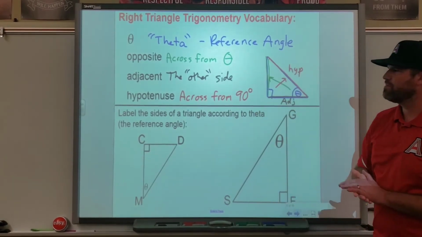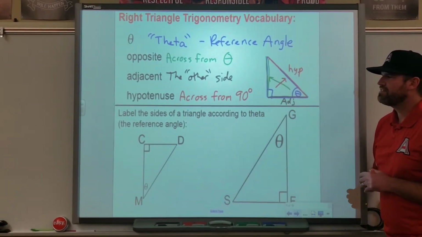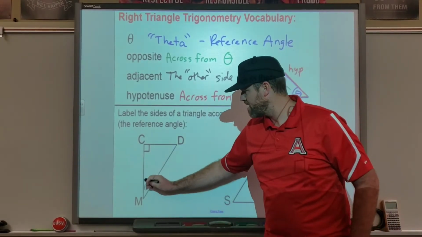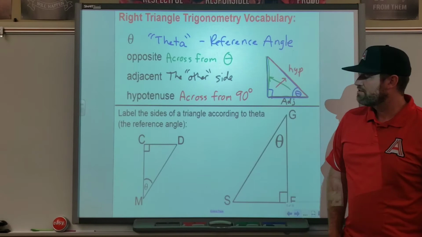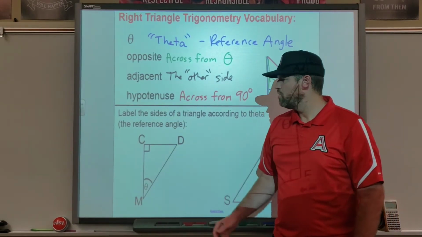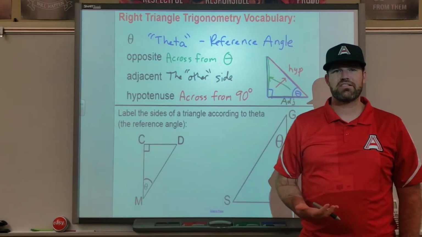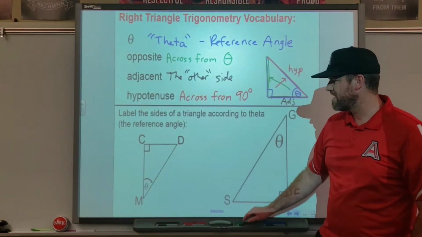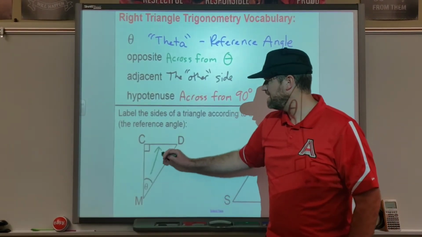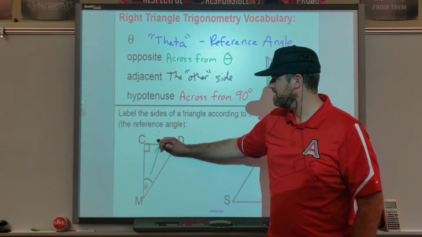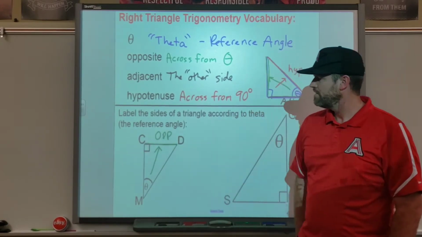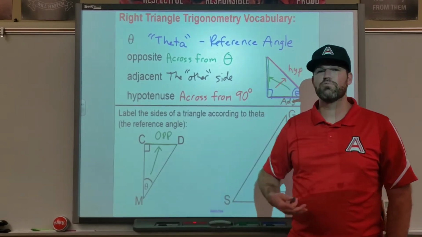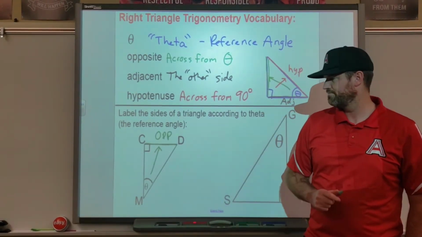So, some examples. Label the sides of a triangle according to theta. All right, well, here's theta right here, down at M. So if theta is M, which side is opposite? That's right, our opposite side from here would be CD. That is opposite. Okay, well, if theta is there, and it doesn't matter where theta is, which side's our hypotenuse?